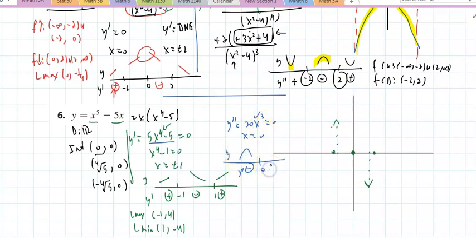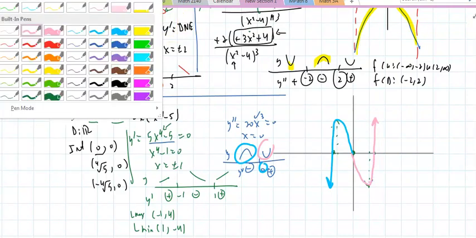And if I put 1 in there, that's positive, concaving up. So the graph is concaving down from -infinity to 0. 0 is an inflection point, something like this. And the graph is concaving up from 0 to infinity, passing through that point and that point. And that's how the graph looked.